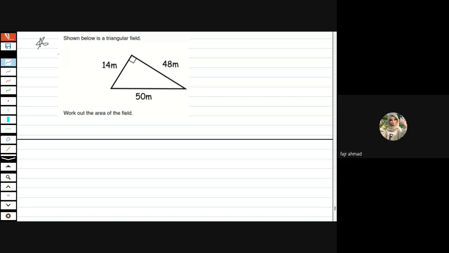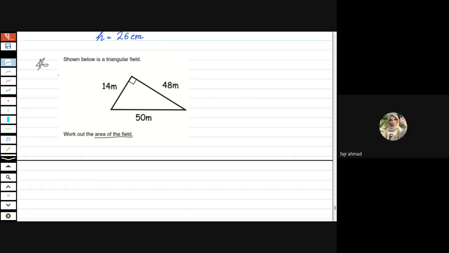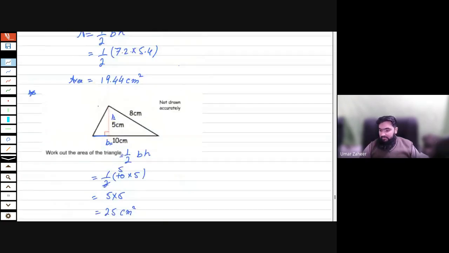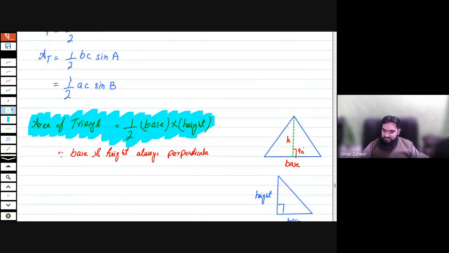Sir, we have to find the area of the field. Which is height, which is base? Sir, the base is 50 and the height is 14. I told you, look here at the condition: the base and the height are always perpendicular.